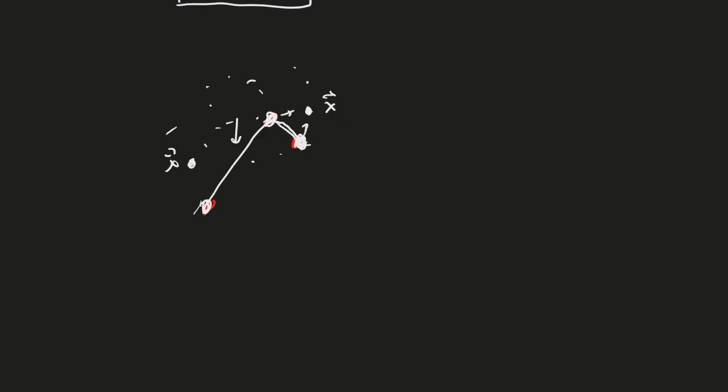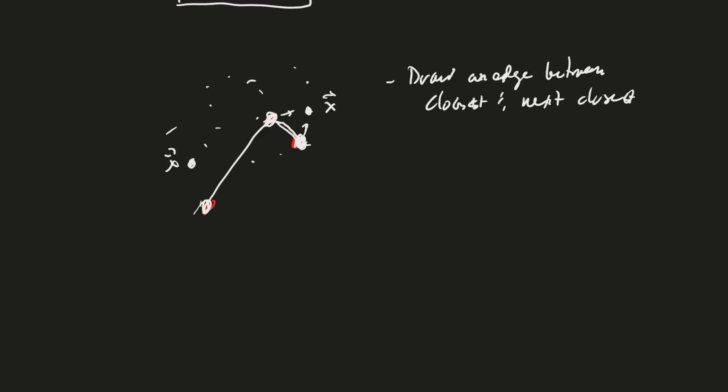Okay. The problem is that sometimes I might be putting in an edge and then the centers move away from each other, and so I may not want to keep the edge. So we're going to draw an edge between the closest and next closest center.